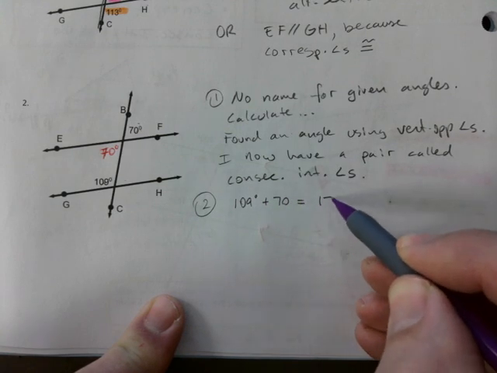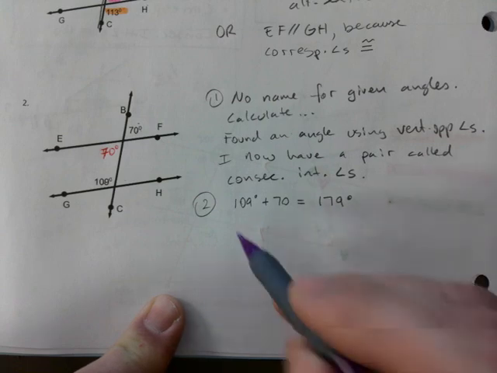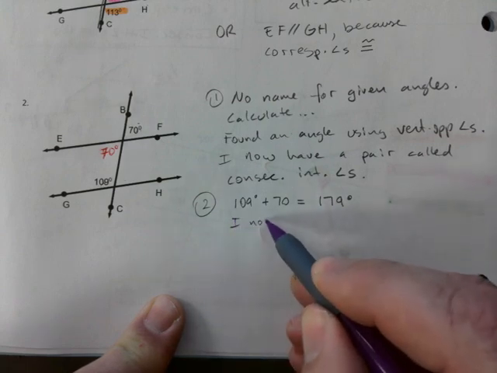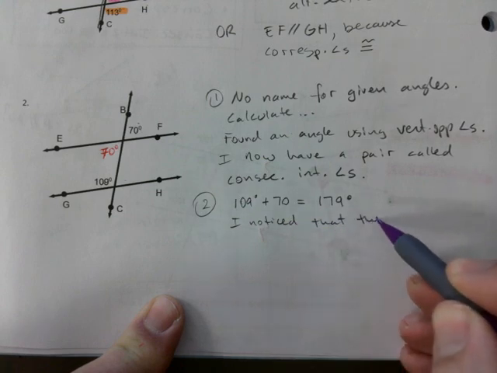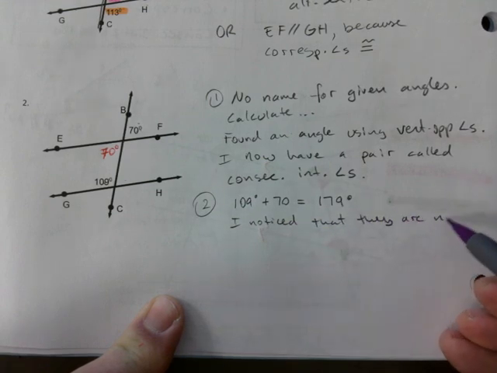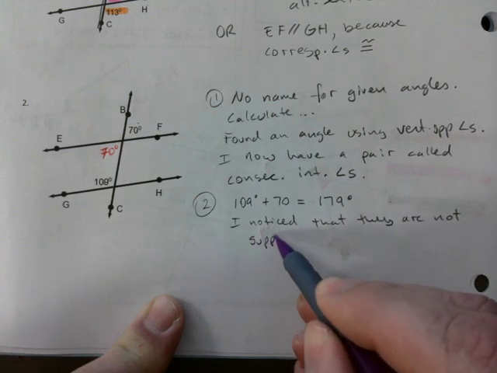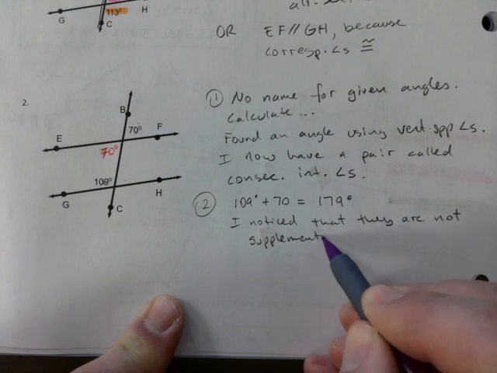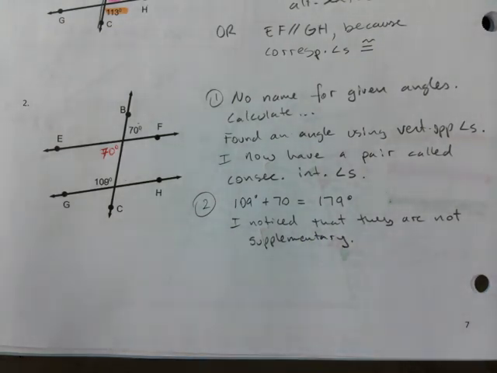That is 179. I noticed that they are not supplementary. And so let's say on a test, you forgot that word supplementary. You can go ahead and say, I noticed that they do not add up to 180. I'm fine with that.